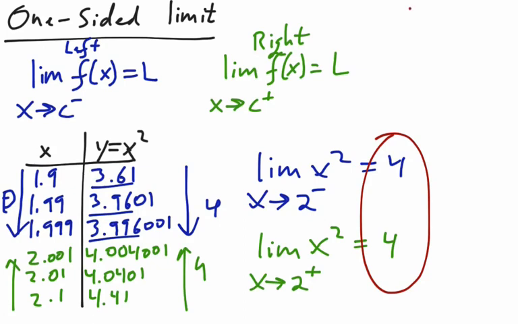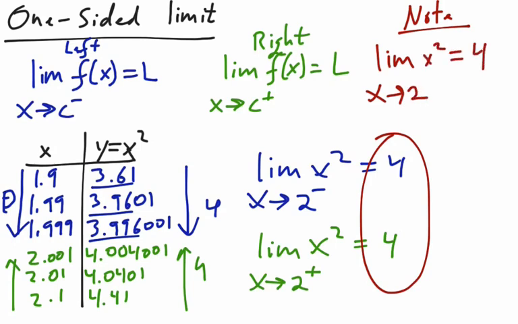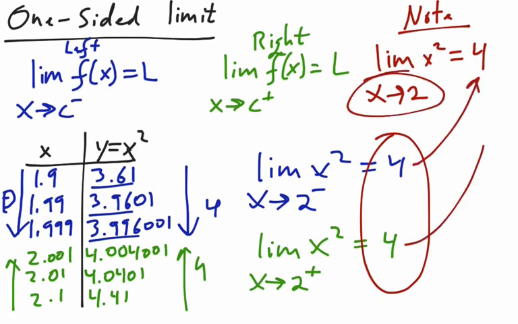So the big idea here is that the limit as x approaches 2 of x squared equals 4, and that limit in general can only exist if both the left and the right hand limits are the same number.